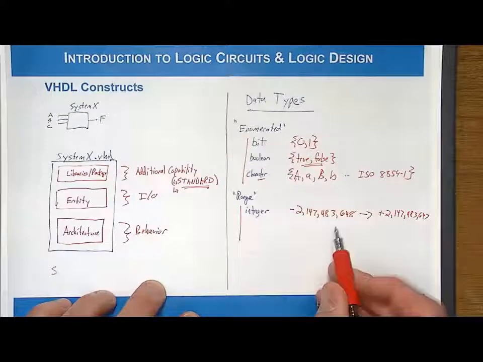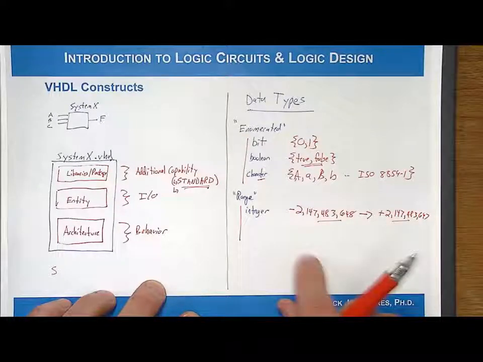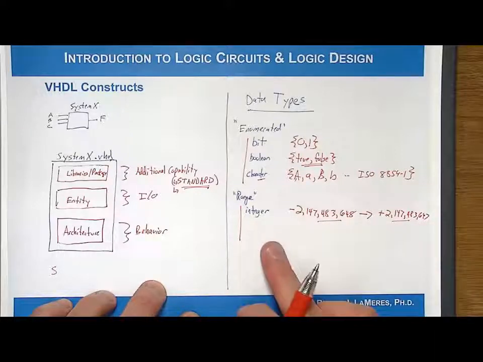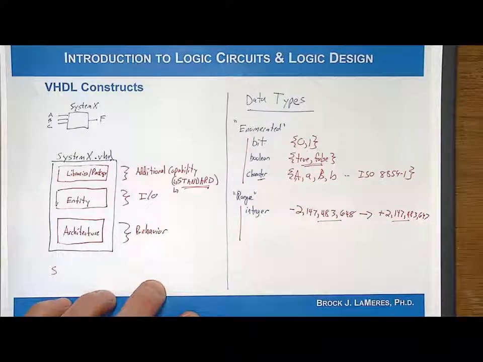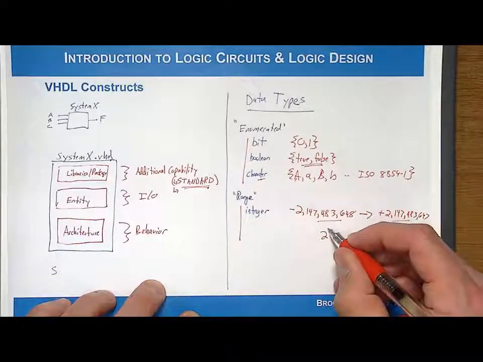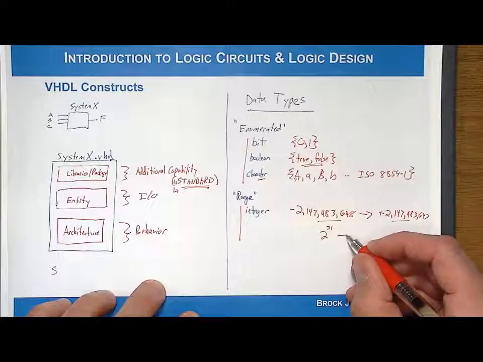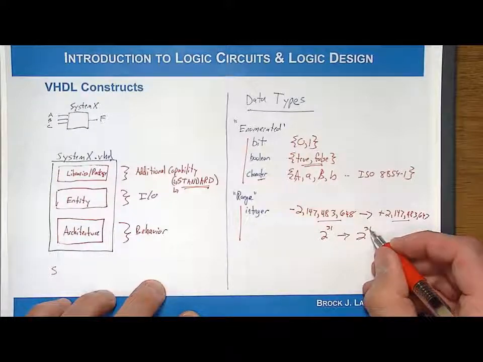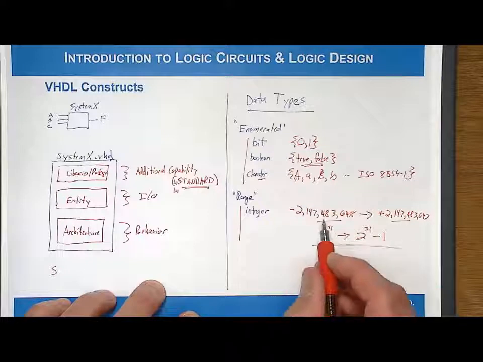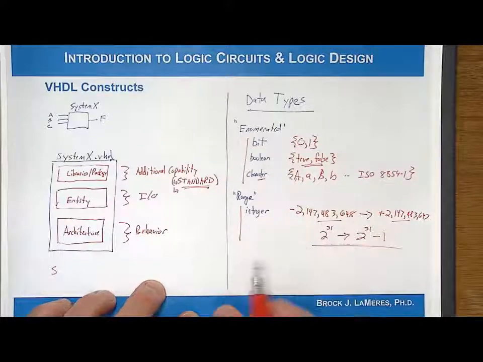Now you look at that number, that might look familiar, because integer is a synthesizable data type, and it synthesizes into a 32-bit vector. So this is actually the range associated with -2 to the 31 up to 2 to the 31 minus 1. So this is actually the 2's complement range of an integer. So that's where that comes from.